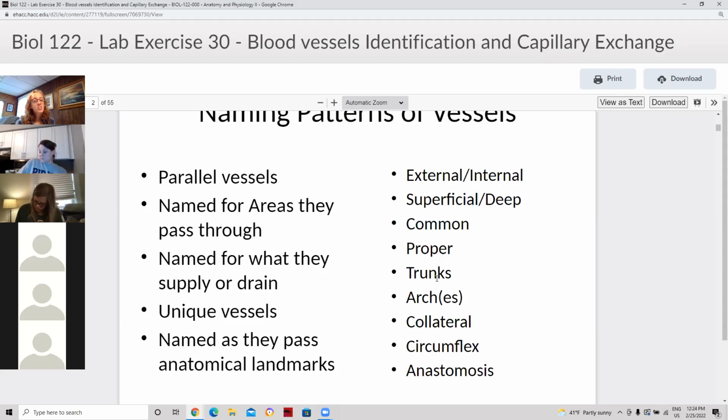Arches mean circular, like the golden arches of McDonald's, arching vessels. Collateral: you've heard of collateral damage, like damage off to the side that maybe wasn't intentional but happened anyway.